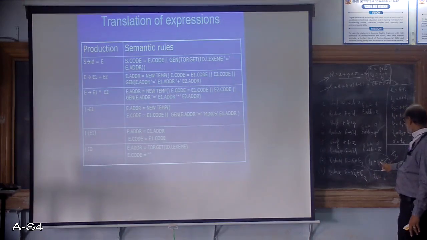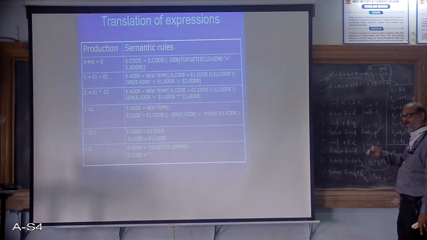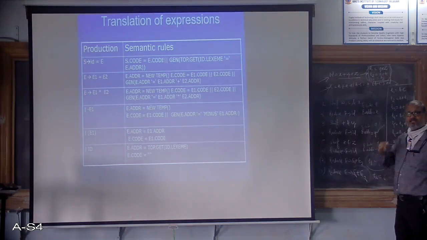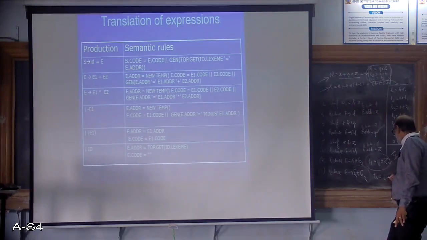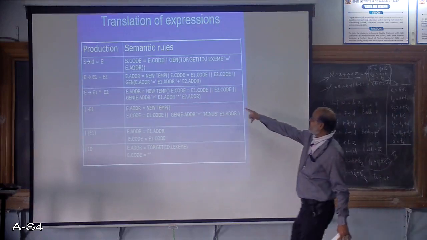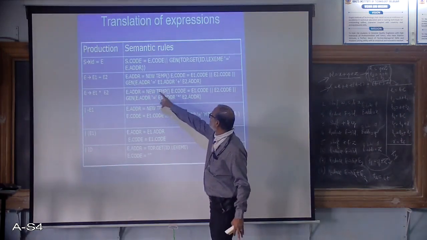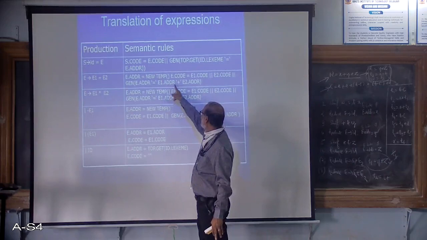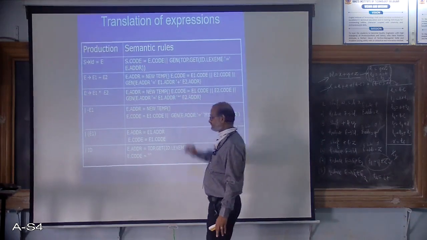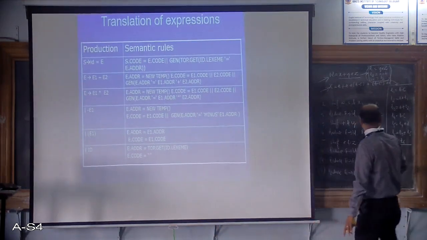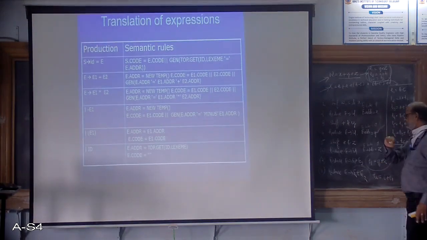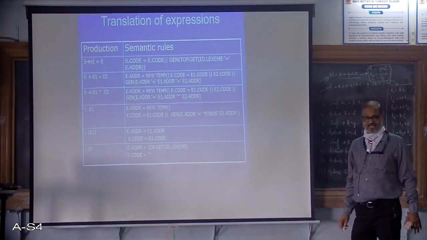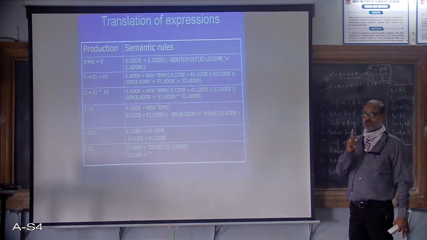T1 equal to Y into Z is the 3 address code generated, and E2 dot address, which is T1, is the value associated with that. So T2 equal to X plus E2 dot address, which is T2 equal to X plus T1. This is the new 3 address code that is generated.